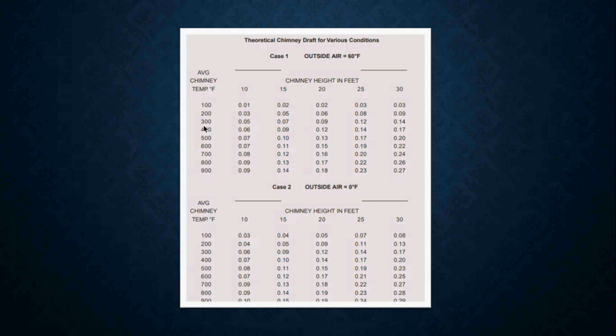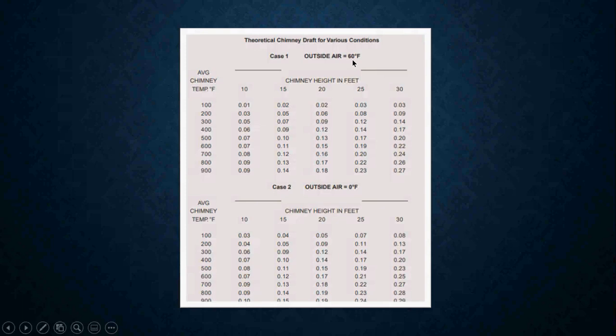We measured our chimney, and we found that the chimney is roughly 20 feet. So at that, we should have a theoretical chimney draft of somewhere around 0.09. That's on a 60-degree day.